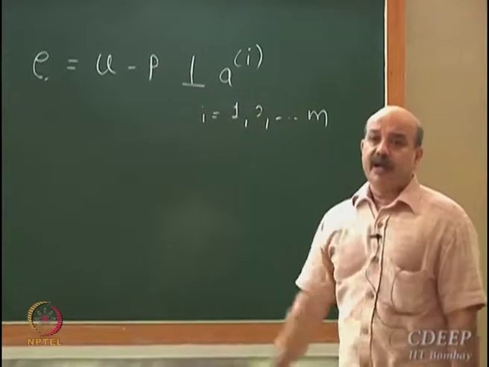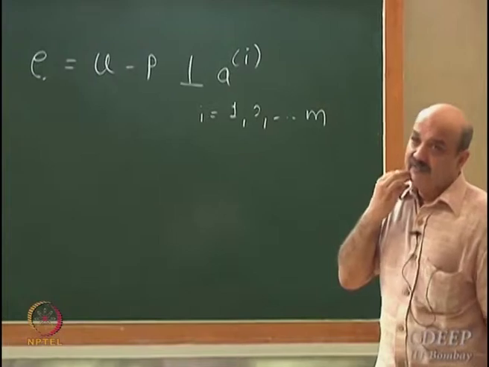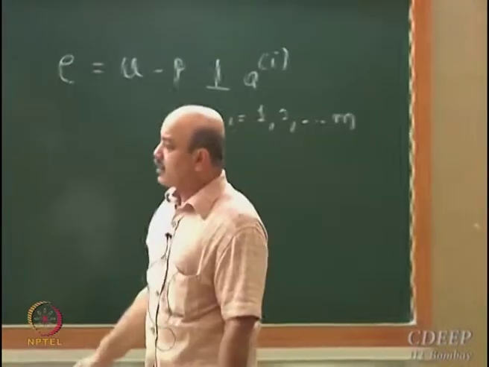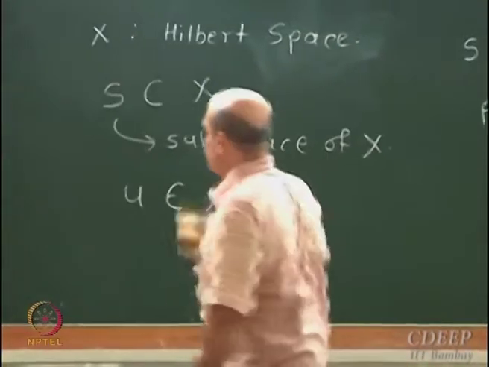With this, we derived what is called a normal equation. This normal equation gave us a way to compute the least square estimate of alpha 1 to alpha m, and we constructed it as follows.